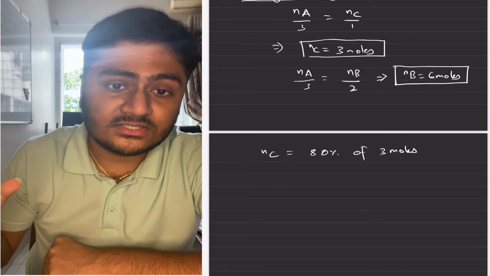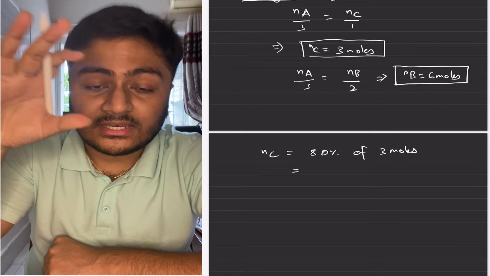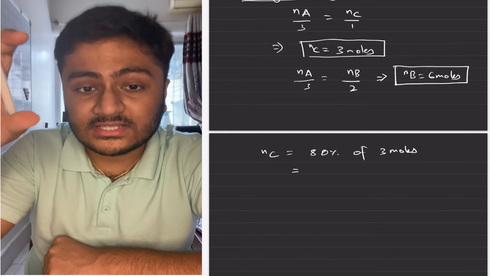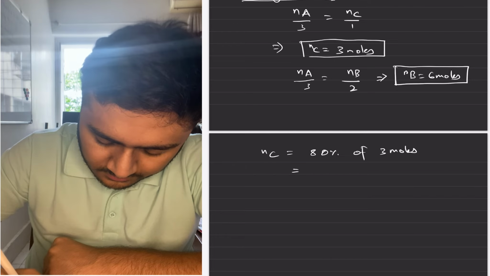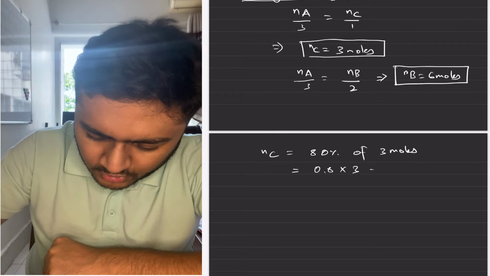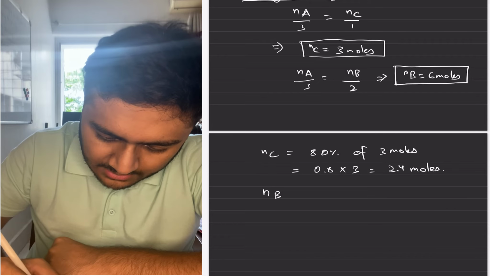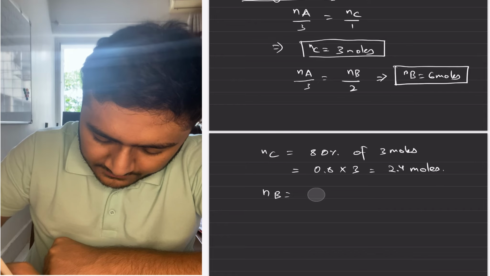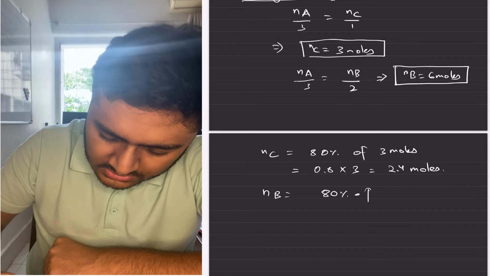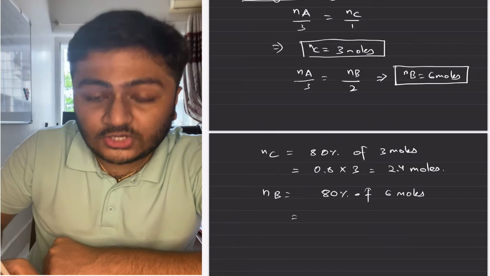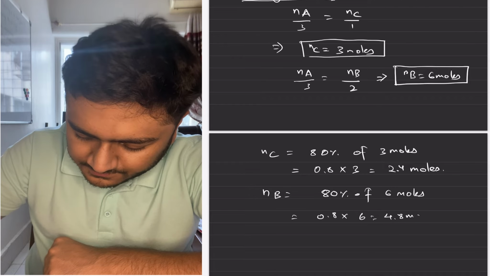There could be various reasons for it, but the important thing is the reaction's efficiency is 80%. So it will be 80% of the maximum value. So 0.8 multiplied by 3, therefore 2.4 moles. Moles of B will be 80% of 6 moles, which is 0.8 multiplied by 6, which is 4.8 moles.